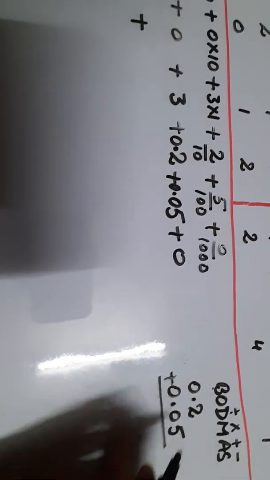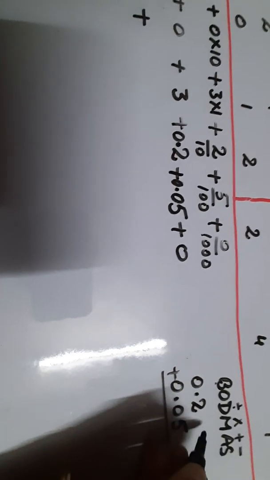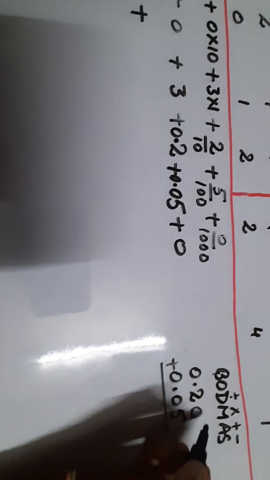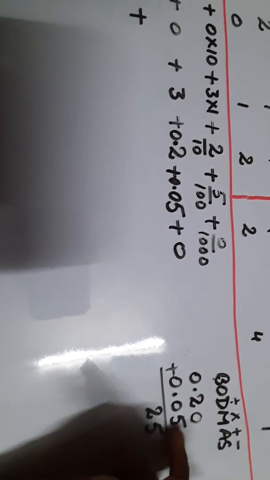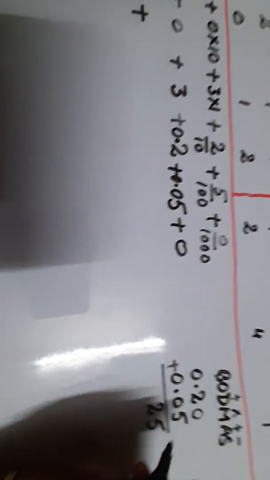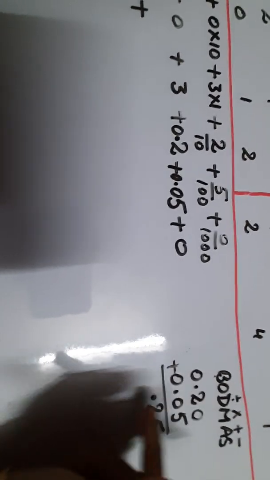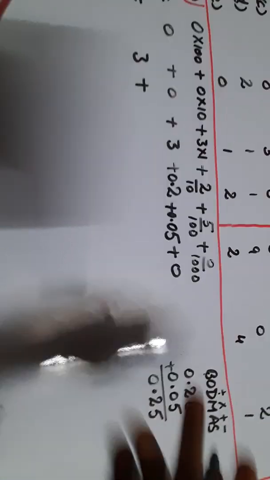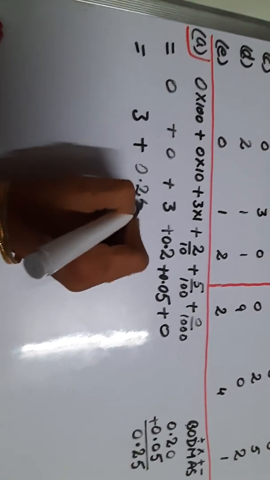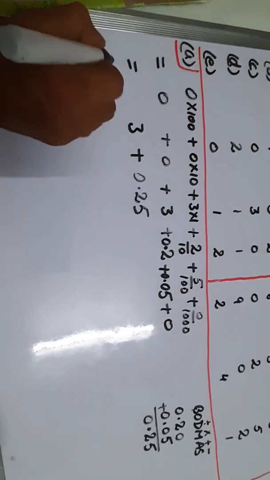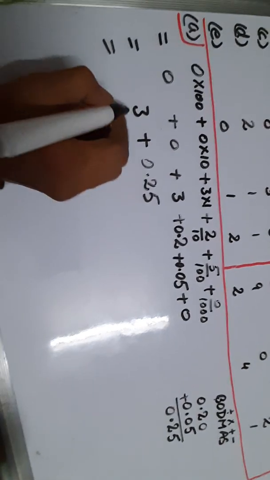So just add them. If no digit is there, we'll take 0 over here. So 5 plus 0 is 5, 2 plus 0 is 2, place the decimal, 0 plus 0 is 0. So for these two we'll get 0.25.